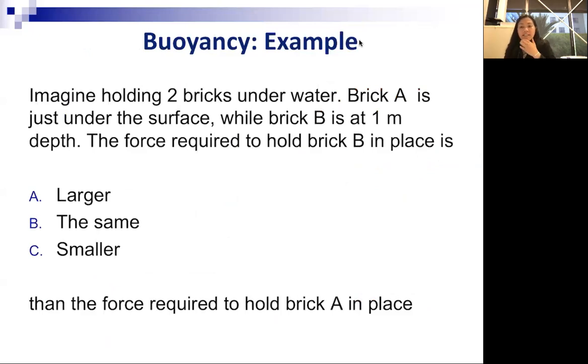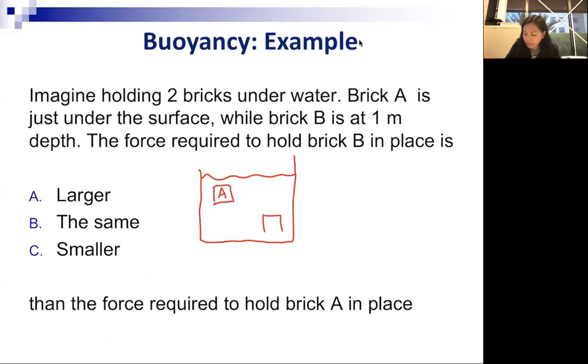Looking at some conceptual examples of Archimedes' principle, imagine you're holding two bricks underwater. Say that's a container of water, and you're holding brick A here, and brick B is being held at a lower depth. Of course, brick A will experience a buoyancy force, and brick B will also experience a buoyancy force.